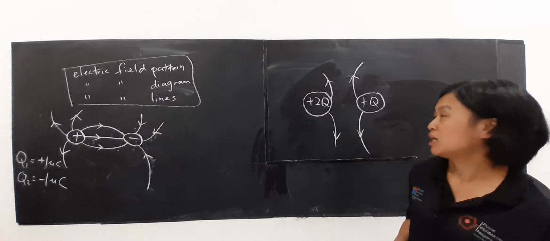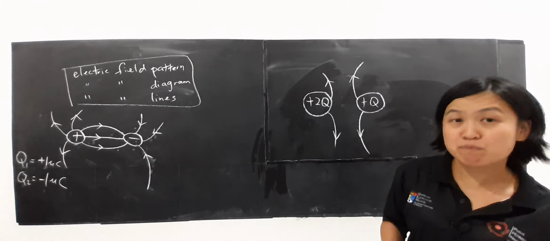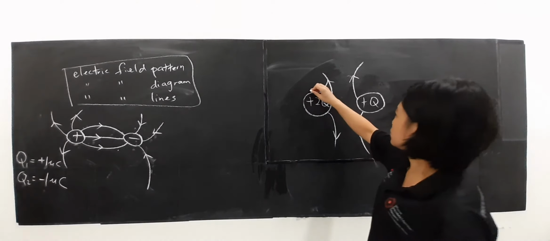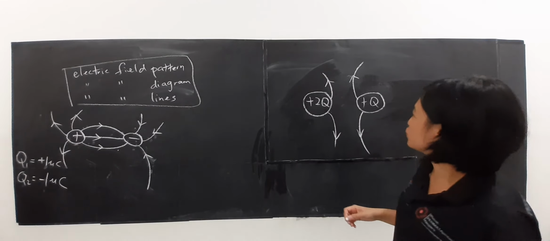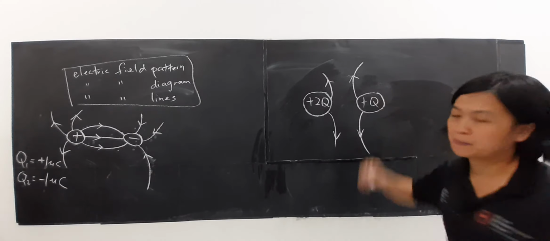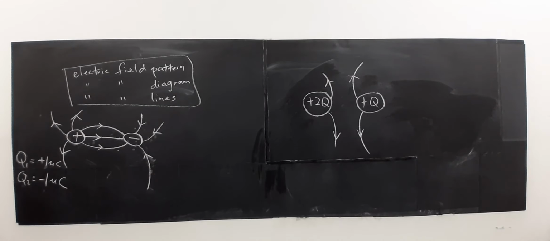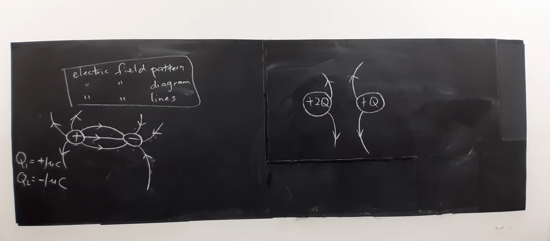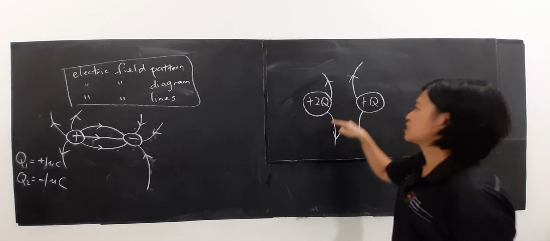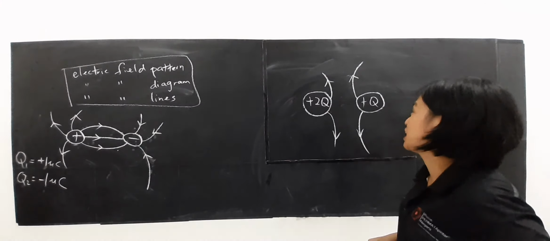Two lines seem quite weird, so what are you going to do? Class, two lines seem too weird.